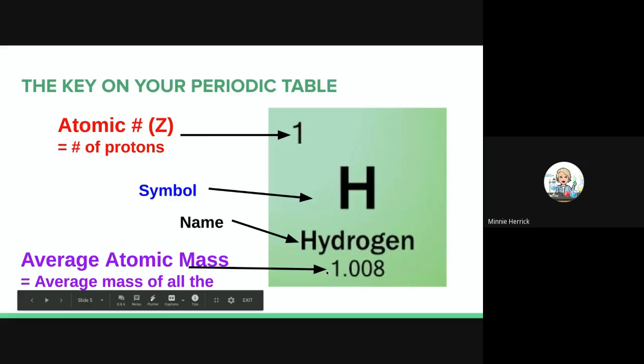Sometimes we'll use it to get a similar atomic mass, but this decimal number is an average mass. So we'll talk more about how it's not technically an isotope on the chart. It's an average of all the isotopes. And again, I'll explain more what the isotope name means in a little bit.